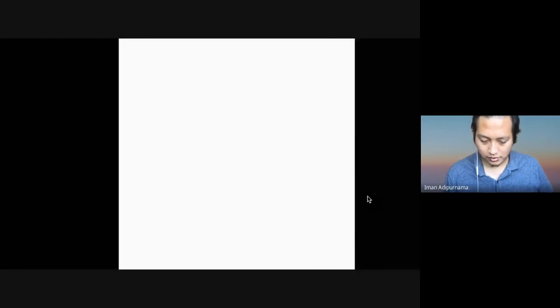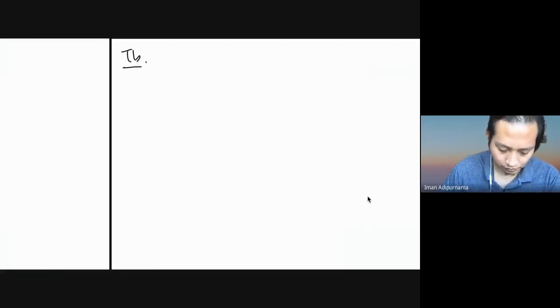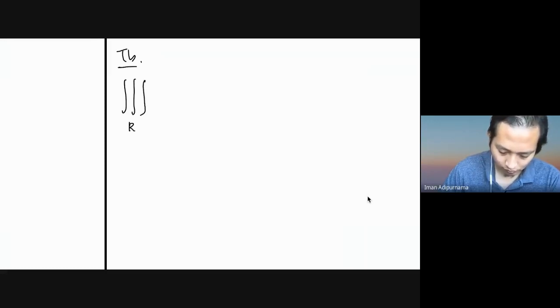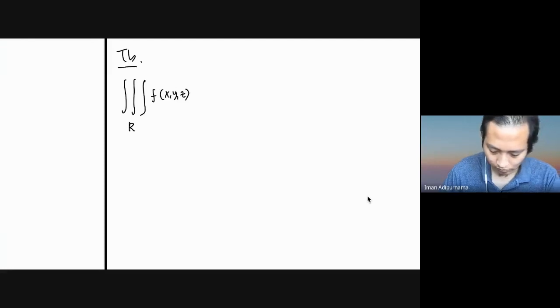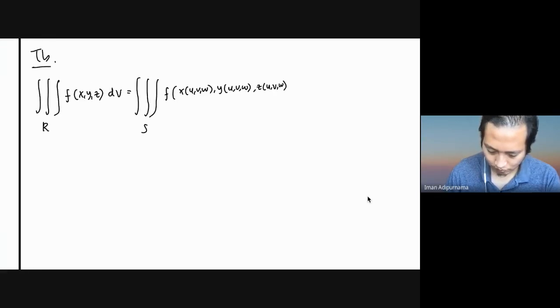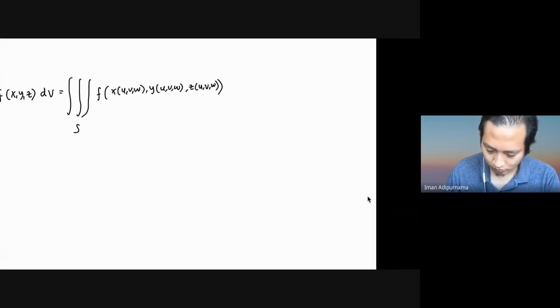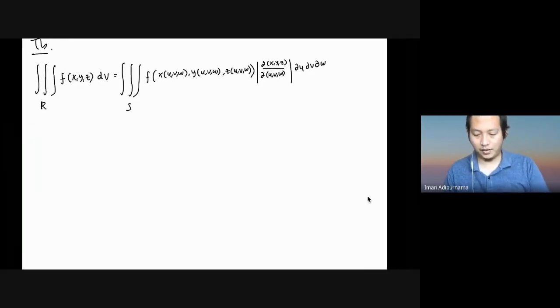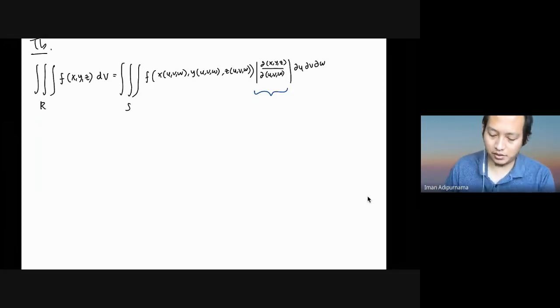And then the theorem will be, yeah, the Jacobian will be similar functions that you need to apply.